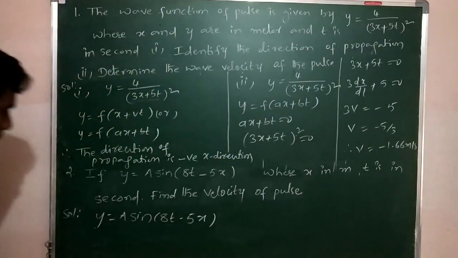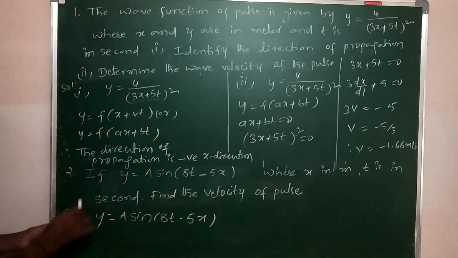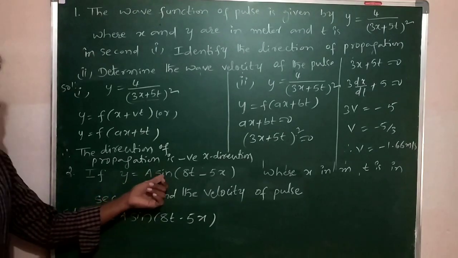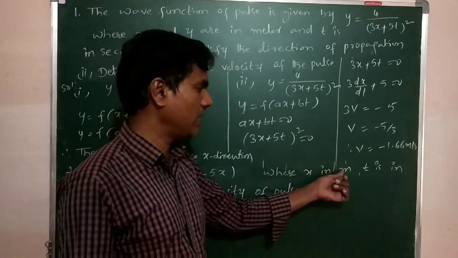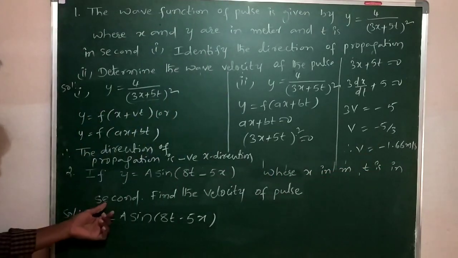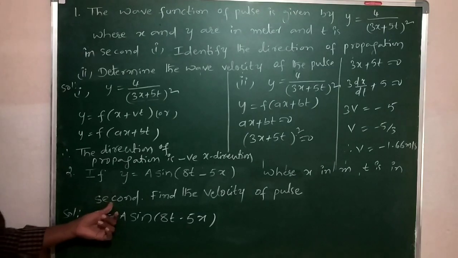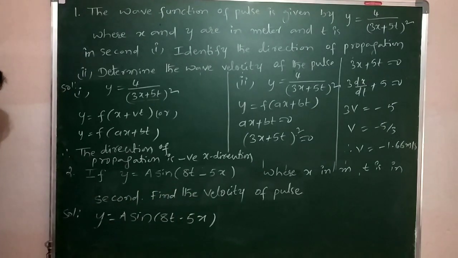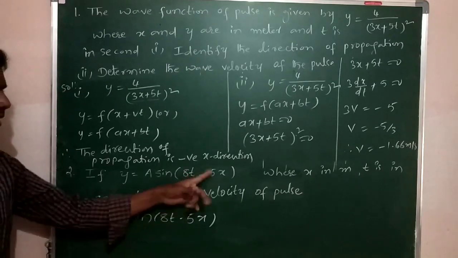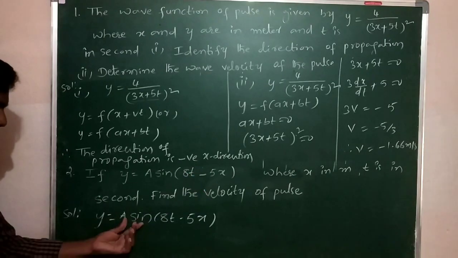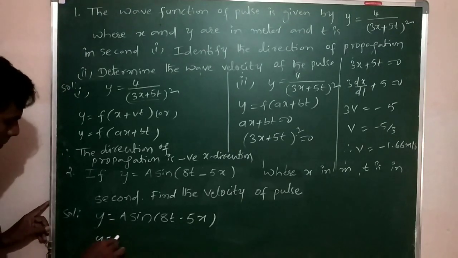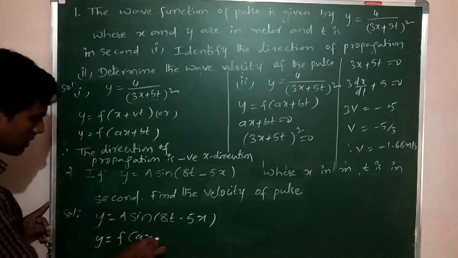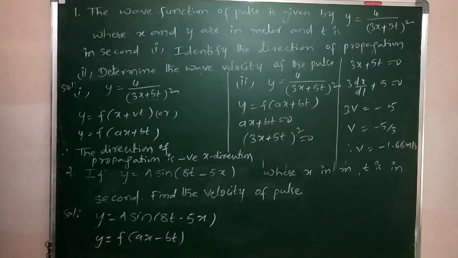The next problem: if y equals a sin(8t minus 5x), where x is in meters and t is in seconds, find the velocity of the pulse. The given equation is compared with y equal to f of (ax minus bt).